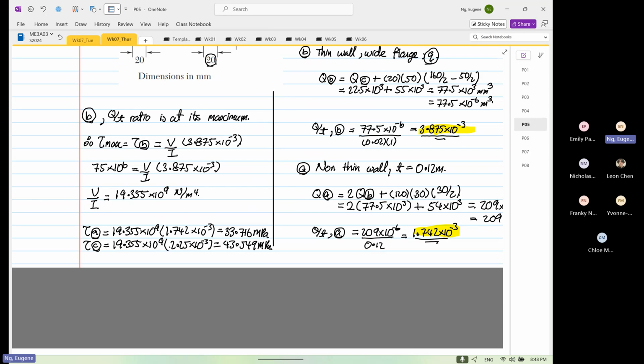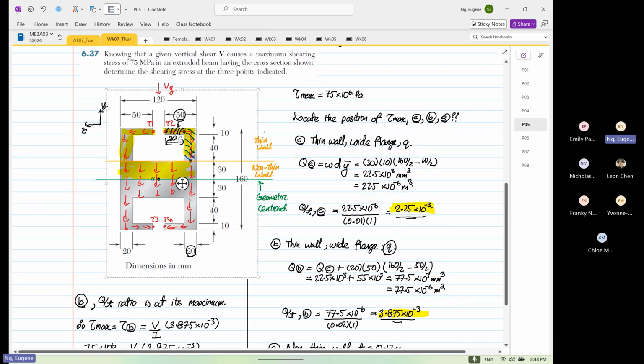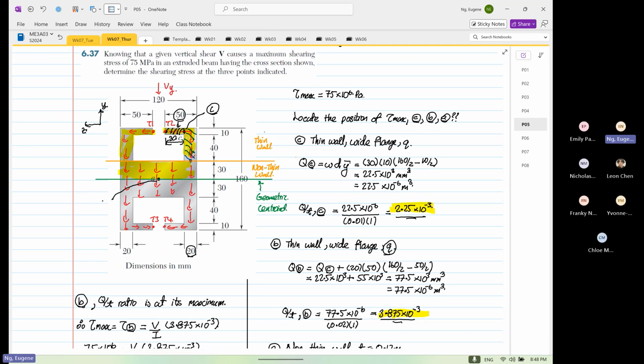So you can see the shear stress at point C is higher than at point A. Okay, so it's known that for thin wall analysis, the shearing stress will be higher.